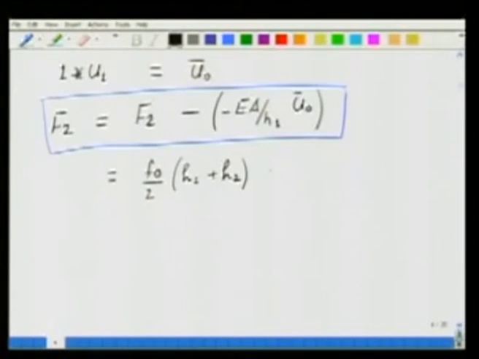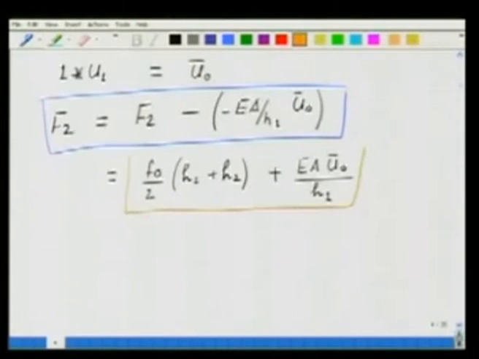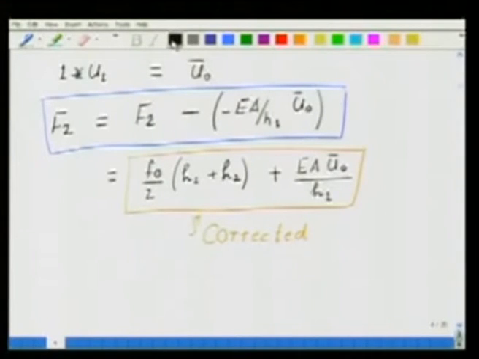To that I am going to add EA U naught bar by H1. So this becomes the so called corrected or modified right hand side for our problem.